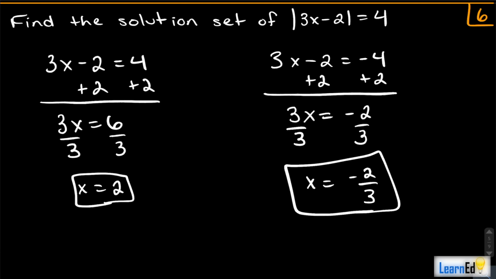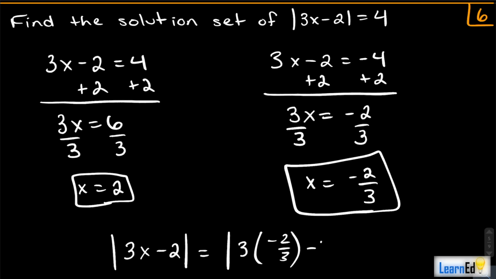Because when you plug in negative 2/3, we get 3 times negative 2/3, and we subtract 2 off of that. 3 times negative 2/3 is going to be negative 2 because the 3's go away.